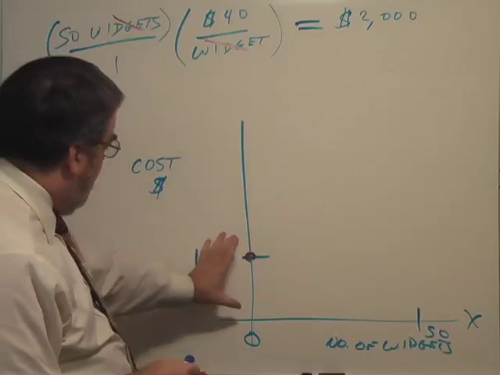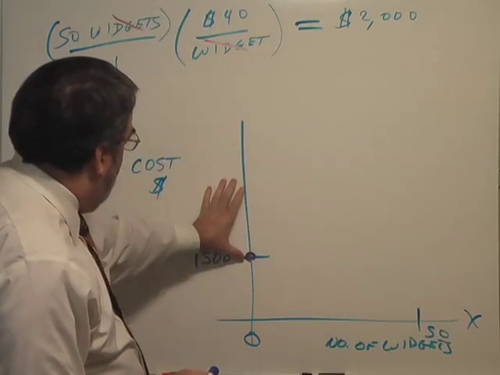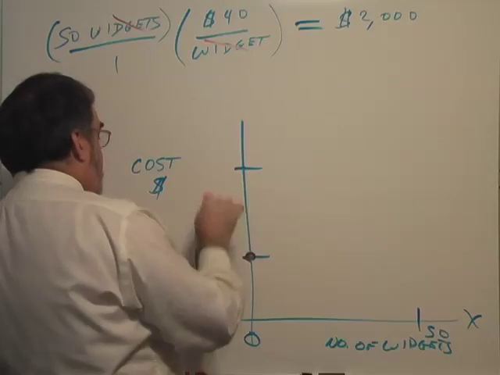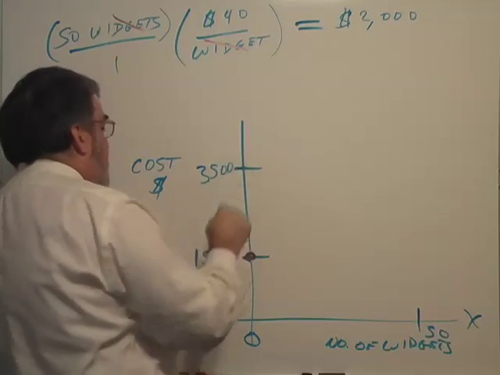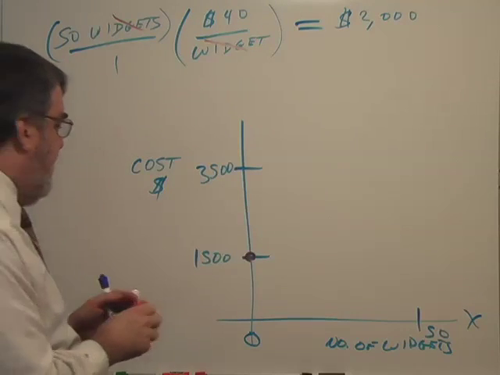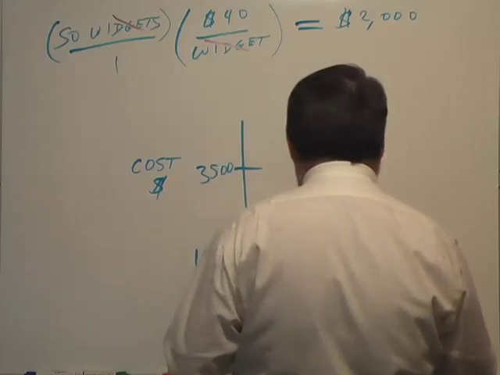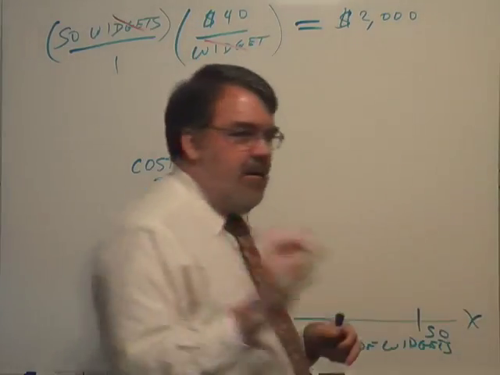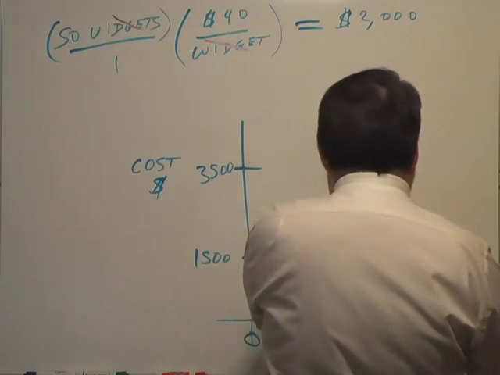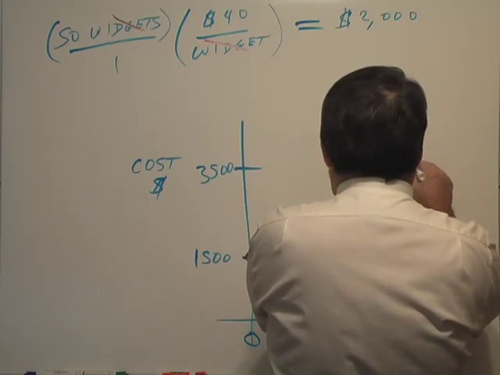So now $2,000 in cost would be right up about here. So it would be $3,500 total, wouldn't it? So 50 widgets, total cost is going to be the fixed cost of $1,500 plus the other $2,000 for making 50 widgets, total of $3,500, and that's up here.